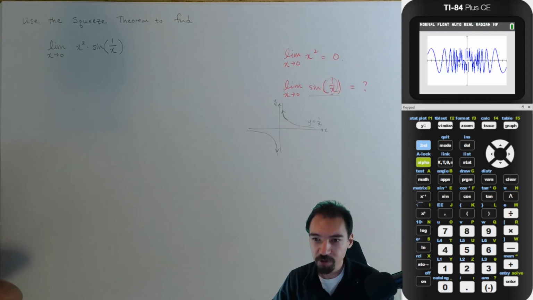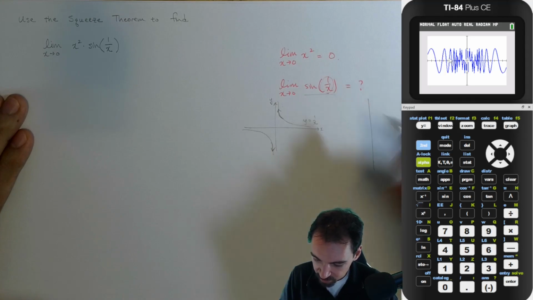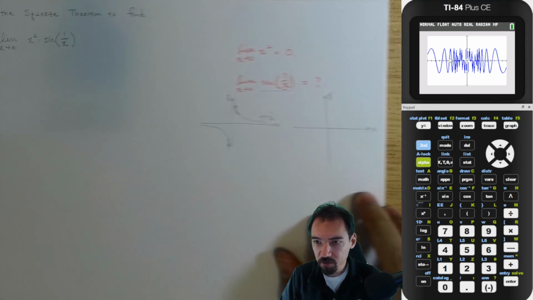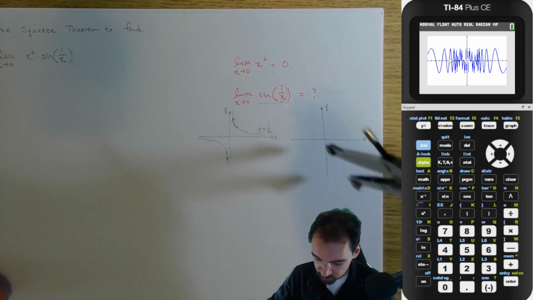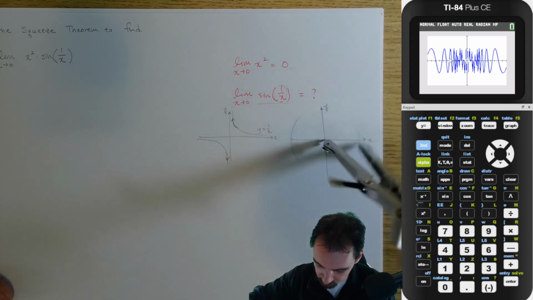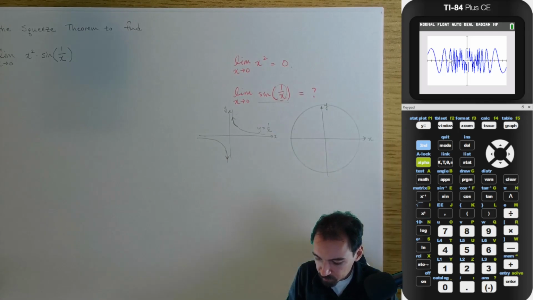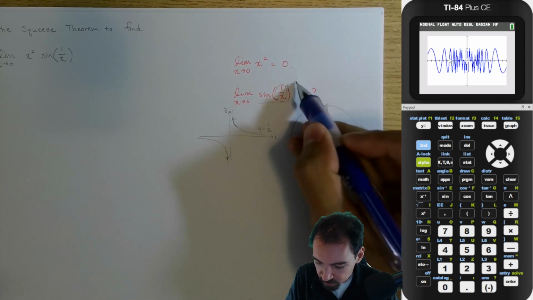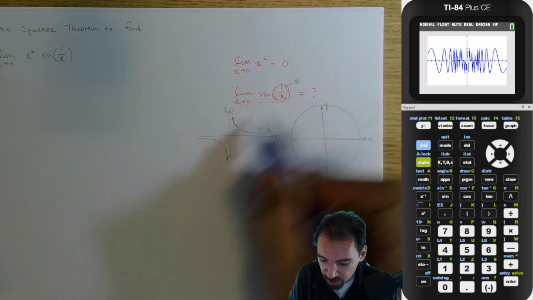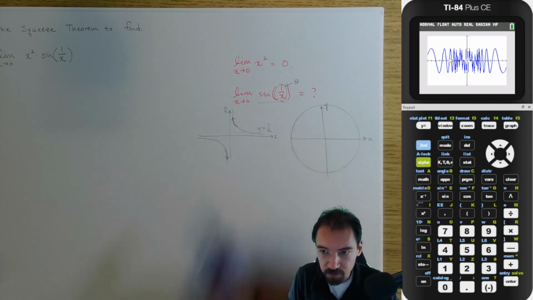Well, if we think about the nature of sine, well, what even is sine? So sine is the y-coordinate in the unit circle, right? So if I quickly grab this and draw a circle around here, okay? So if the inside here, this we can call the angle theta, right? As x approaches 0, the angle theta is going to go up toward positive infinity or down toward negative infinity.